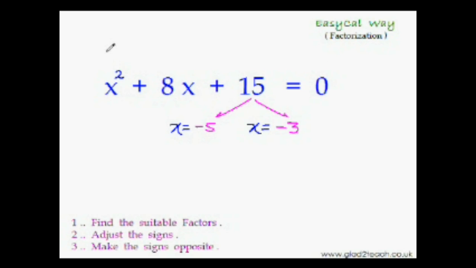Minus 5 squared is positive 25, and 8 times minus 5 is minus 40, and this is plus 15. 15 plus 25 is 40, and 40 minus 40 is, right, 0. So now not only will you be able to solve quadratic equations in a few seconds, but you'll never make a mistake. Well, if you want, you can check the other value of x as well. I'm sure it is correct.